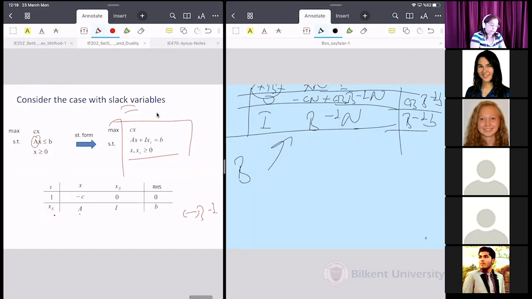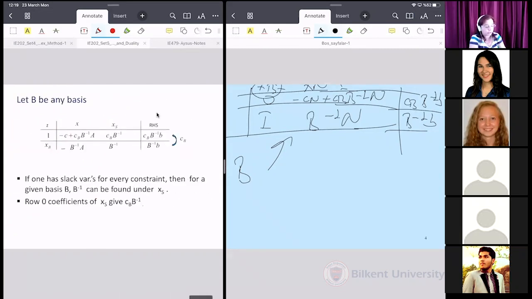That means I'm multiplying the underneath with B inverse, and I'm adding CB to the top, because that's what we have proved about how the simplex table should be derived. So I'm multiplying everything with B inverse from here, and I'm adding CB times that to the top. So an intermediate simplex table is like this then.